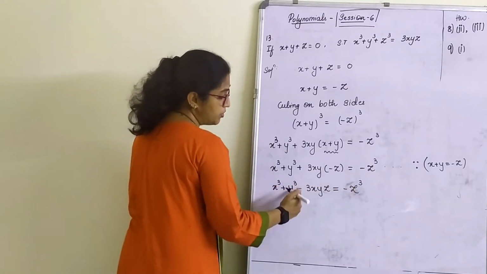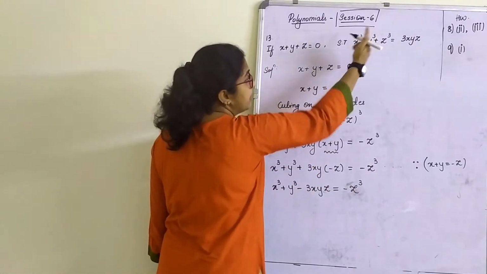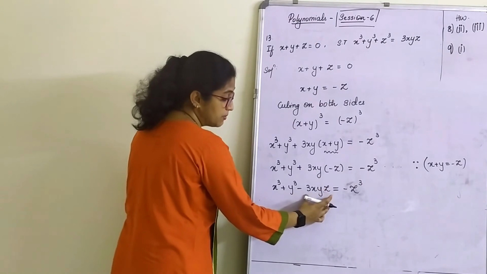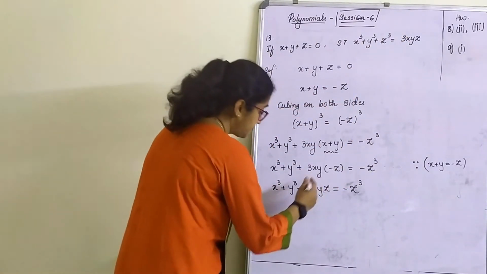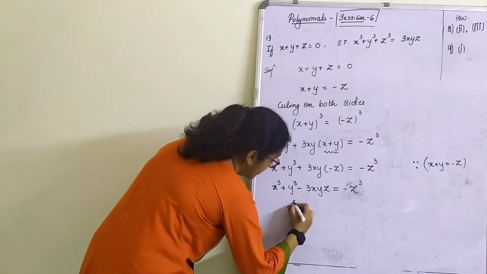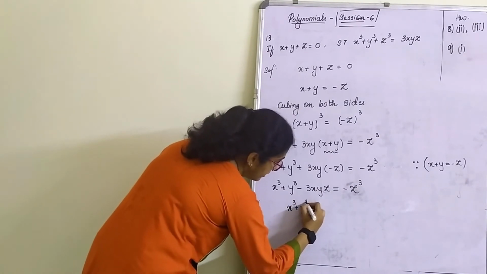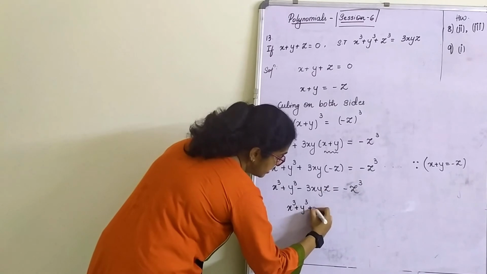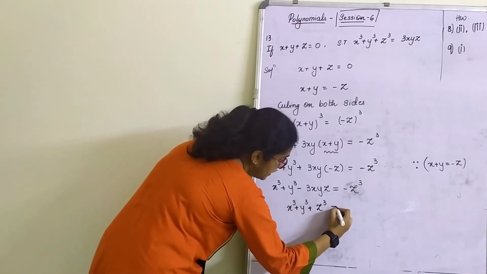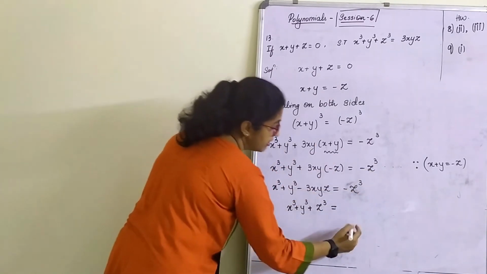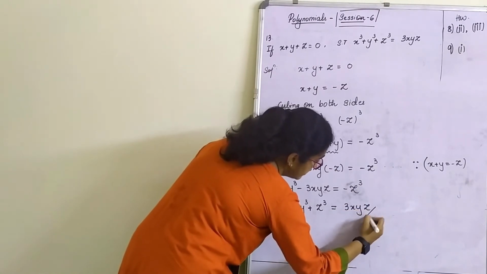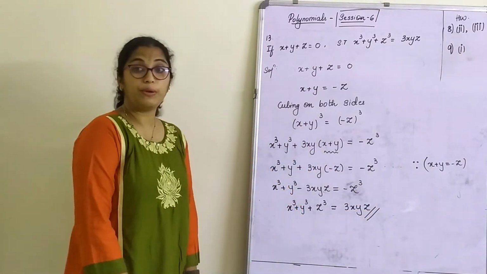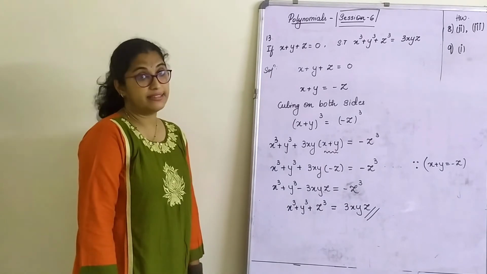If I transpose z this side, that will I get plus z cube. If I transpose 3xyz that side, I get plus 3xyz. Finish off it. X cube plus y cube plus z cube is equal to 3xyz. That is what we proved it. So that's the identity. Copy this down.